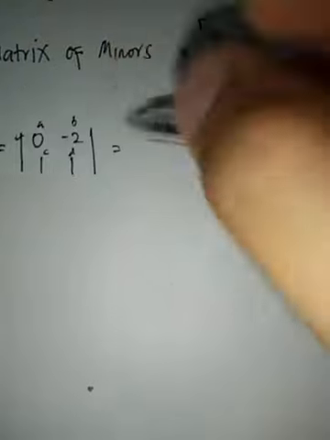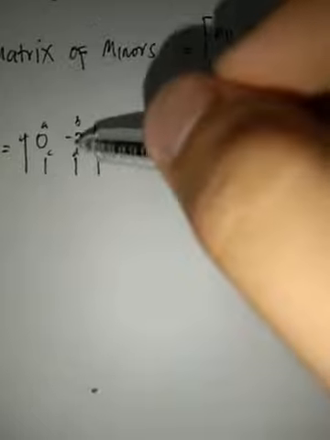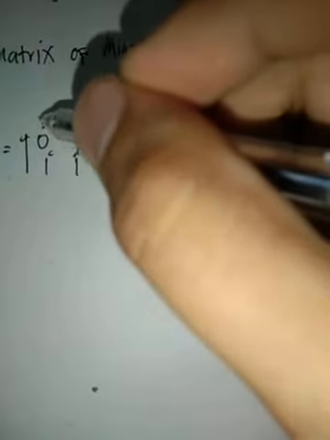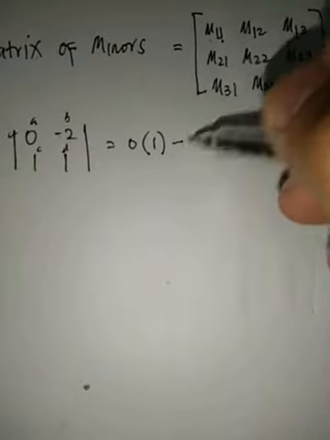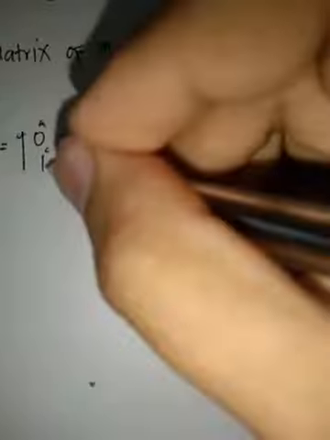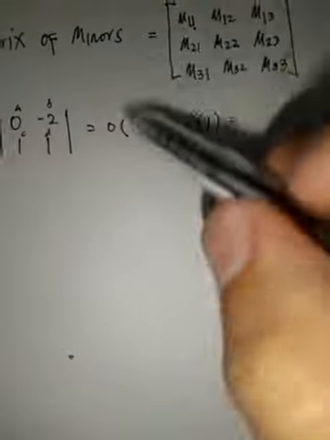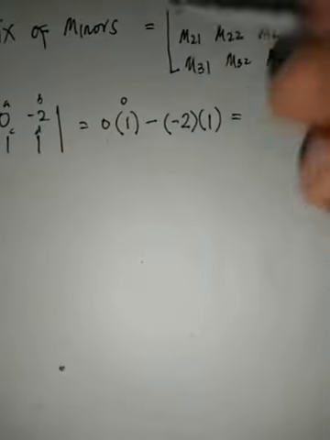So, A times D or 0 times 1 minus, di ba? Plus minus to, kaya siya minus. So, minus negative 2 times 1. Okay? So, kung i-simplify natin, 0 times 1, 0.